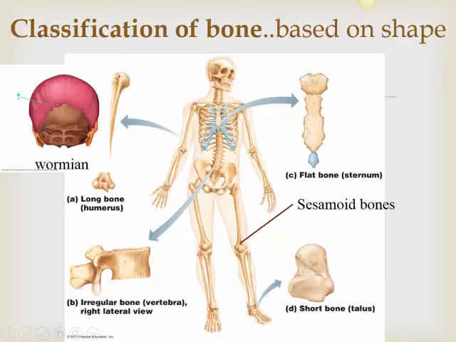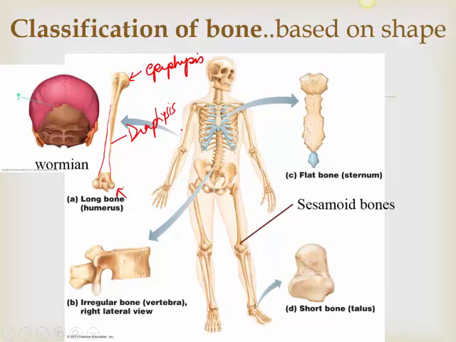These have two ends, so there are two ends to the bone. These ends are known as epiphyses, and the central region is known as the diaphysis. Examples of this, where the bone looks long and has two ends to it.